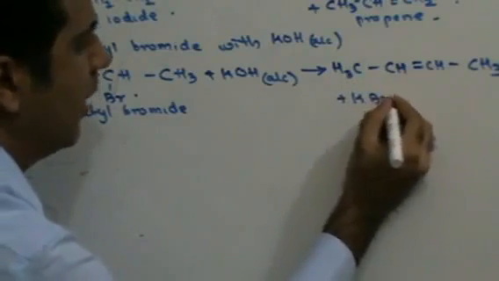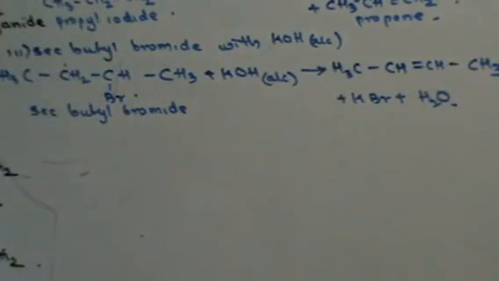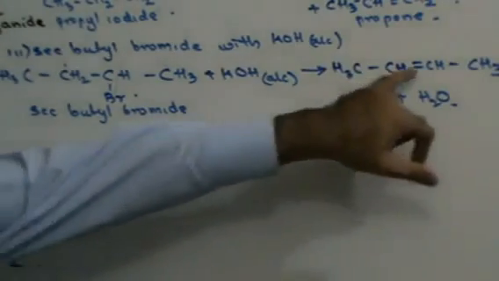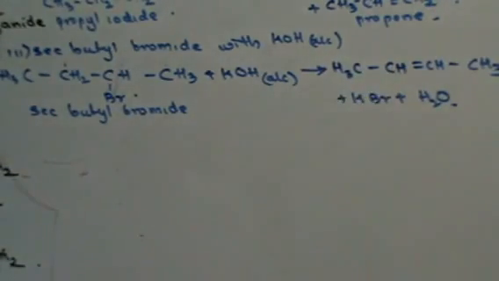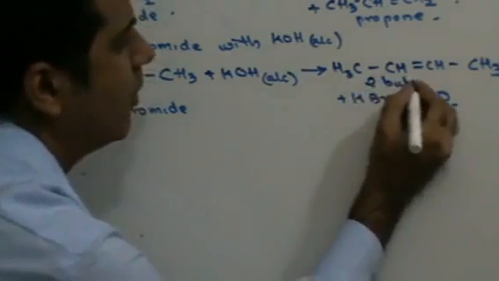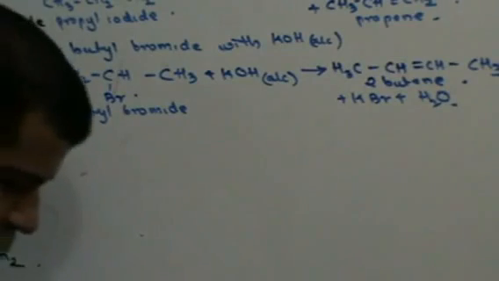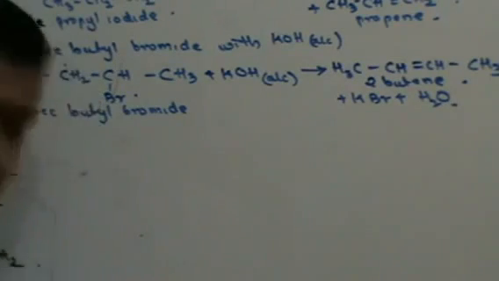So potassium bromide, and dehydrohalogenation means water molecule has to come out, right? This particular compound has 4 carbon atoms, therefore but, double bond, therefore ene, double bond is attached to the second carbon atom, therefore 2-butene. So what you get is called 2-butene.